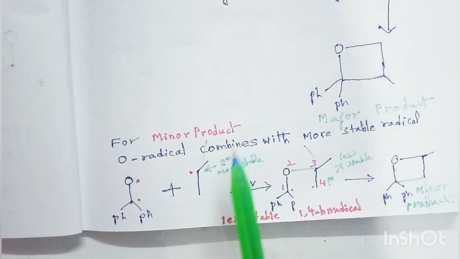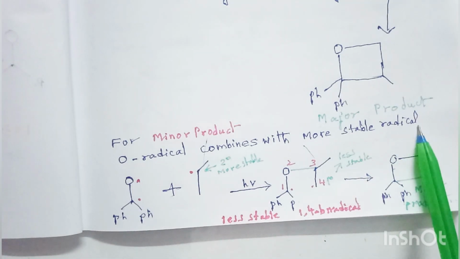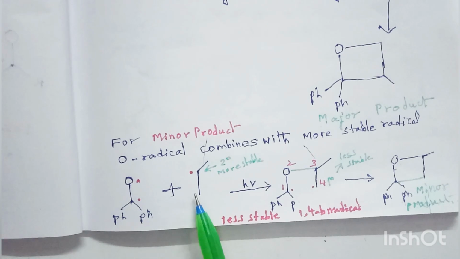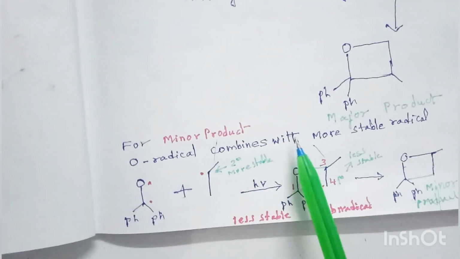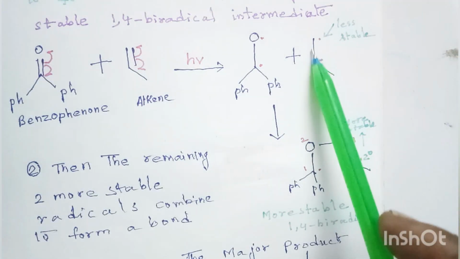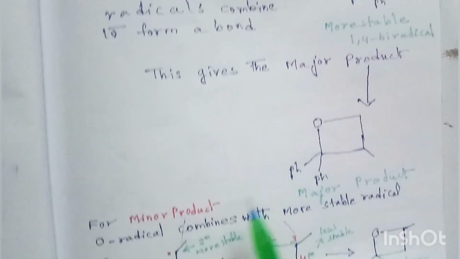For the minor product, the oxygen radical combines with the more stable radical of the alkene. This is the oxygen radical. So let us flip this radical upside down. The more stable radical, let it come up.